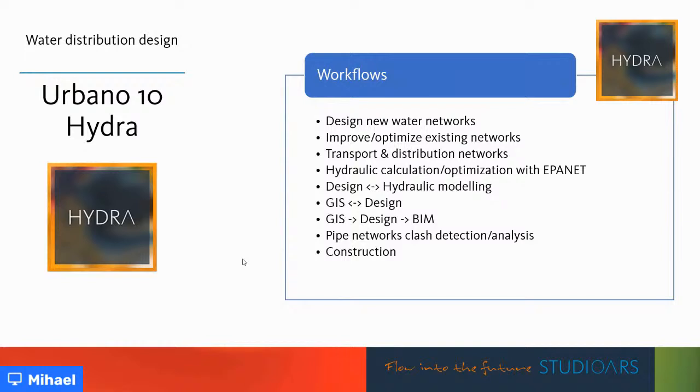You can use it to make hydraulic calculations and even pipe sizing and some network optimizations. So it's all based on the EPANET engine, but in many cases, actually, it goes beyond what you can achieve with your default free EPANET software.